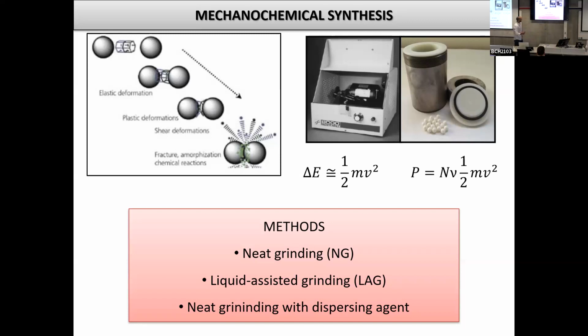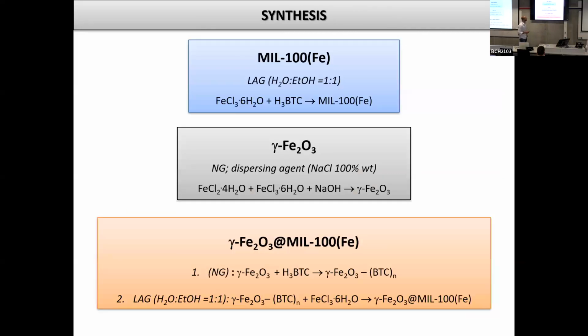For the synthesis of MIL-100, we used liquid assisted grinding. For the synthesis of the iron oxide nanoparticles, we employed neat grinding in the presence of a dispersing agent, with the aim to limit the growth of the particles and reduce the particle dimension.